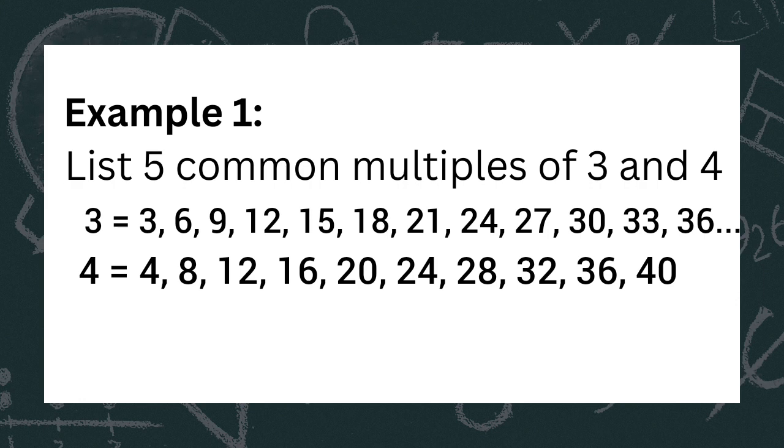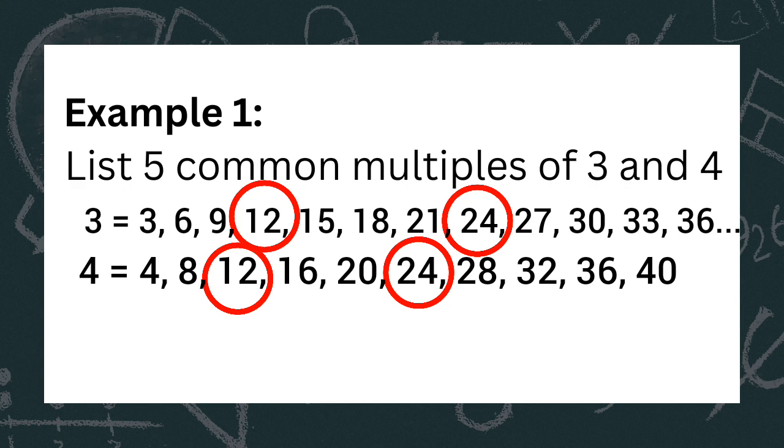Alright? From the numbers listed here, we can see that 12 appears in both of them. 24 appears in both of them. 36 appears in both of them. So, the common multiples of 3 and 4 are 12, 24, and 36.